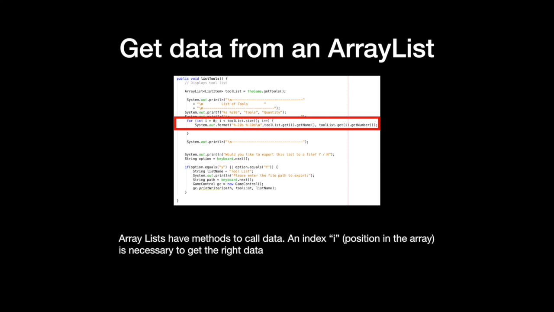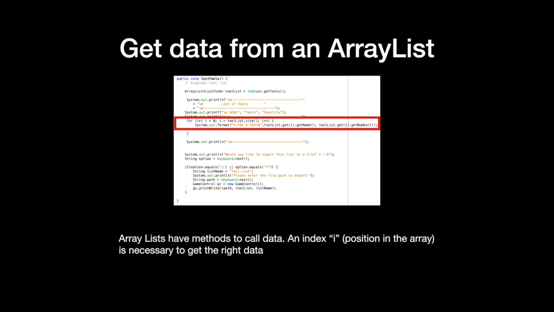For example, the value stored in the second place will be number one. Then we use the functions we want to call. If the value stored in the array list is an object, we can call the methods included in that object.